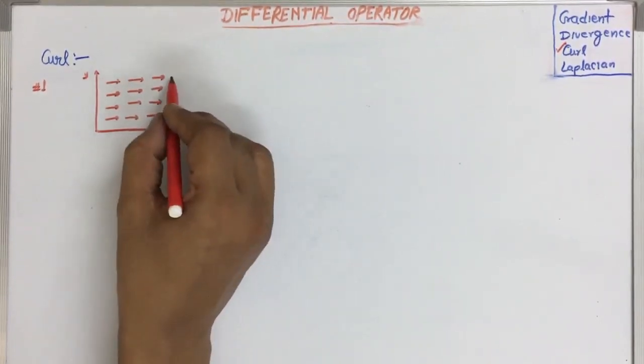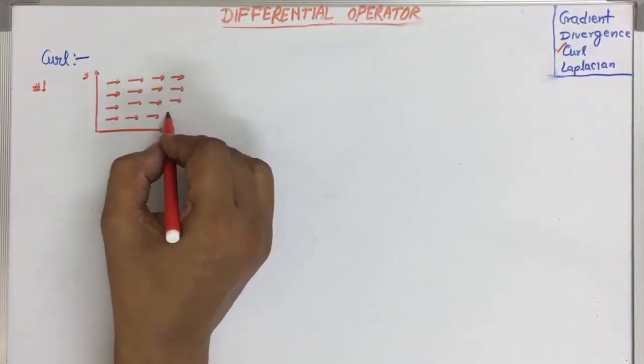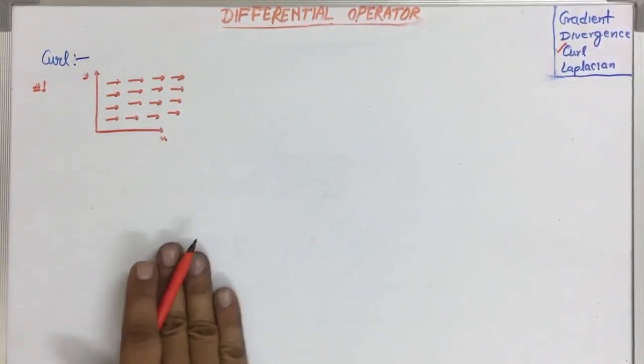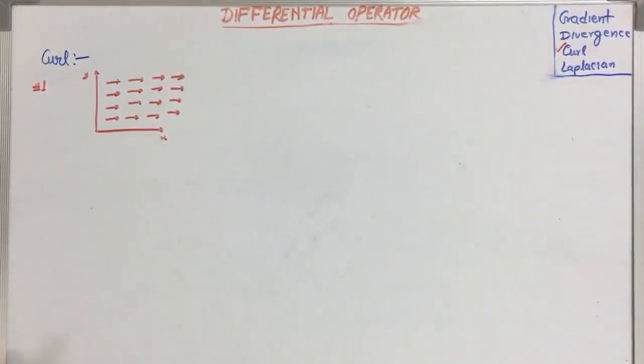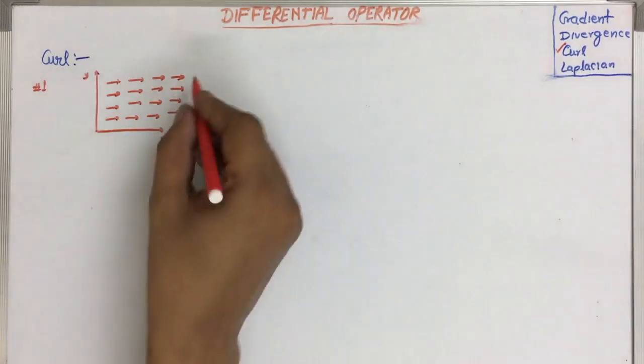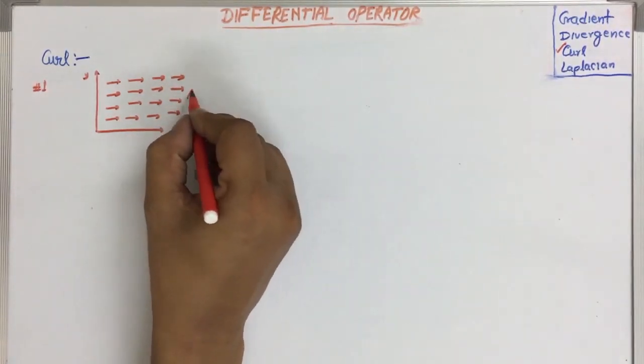It remains constant in the direction of x and it doesn't have any changing nature in the direction of y. So we have to find the curl of this field. Just say the field is A.